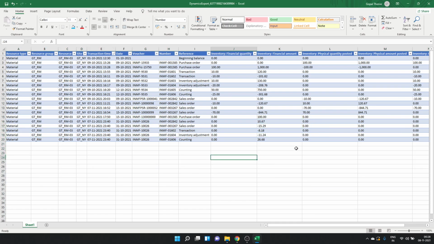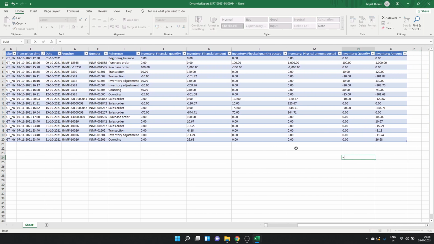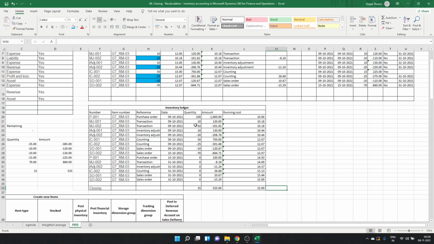Okay, so now if you see what is my closing inventory as per this statement is 35. What is my closing value? It should be 525. Right. Now this ledger is also showing the same thing which we have prepared manually here.